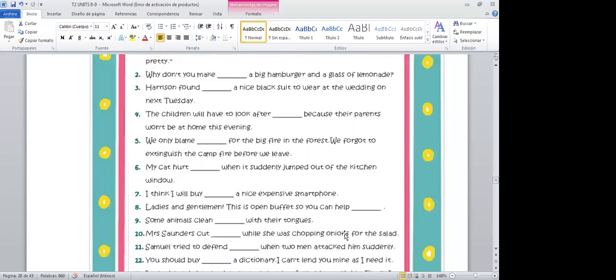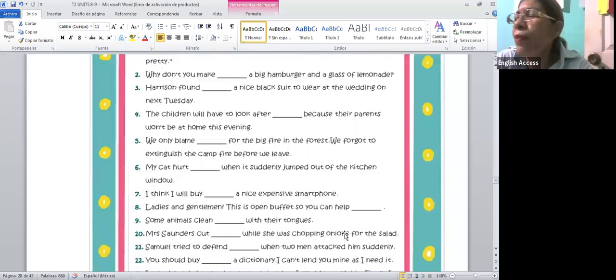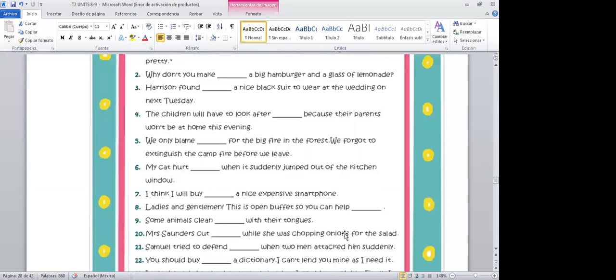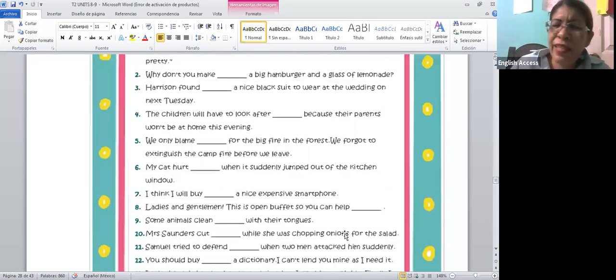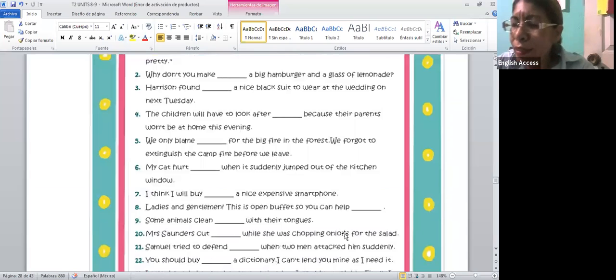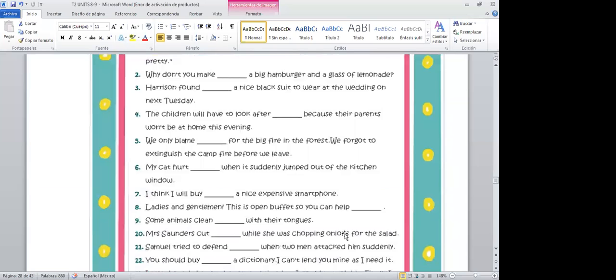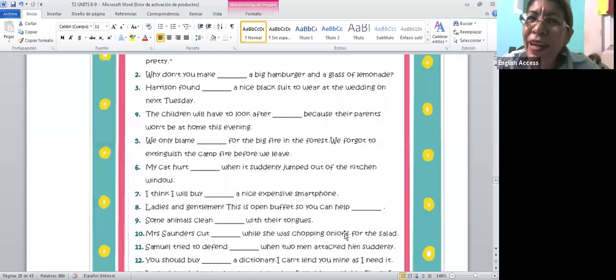The children will have to look after himself. After what? After himself. But it says the children. Is that singular or plural? Children is plural. Singular is child. So the children, yourself.